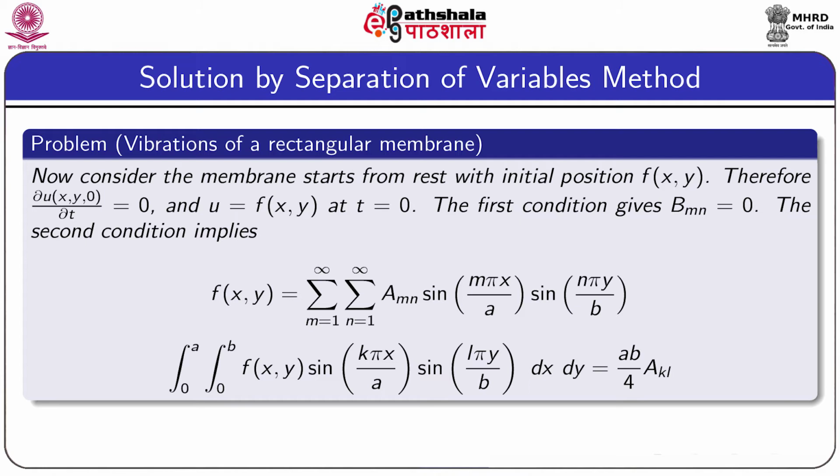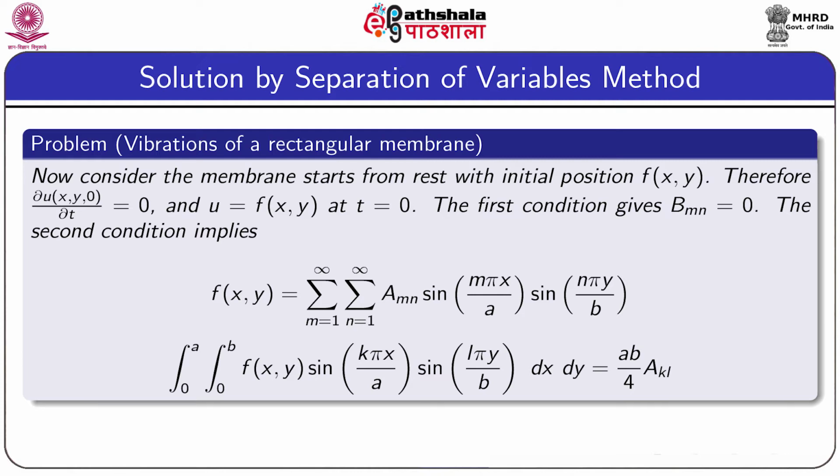Now, to obtain the coefficient a_mn, we need to multiply both sides of this expression by sin k pi x by a into sin l pi y by b, and then we integrate from 0 to a for x and from 0 to b for y, and using the orthogonality property of sine series, we obtain its value as ab by 4 a_kl. So, in this way we can find the values of a_mn.